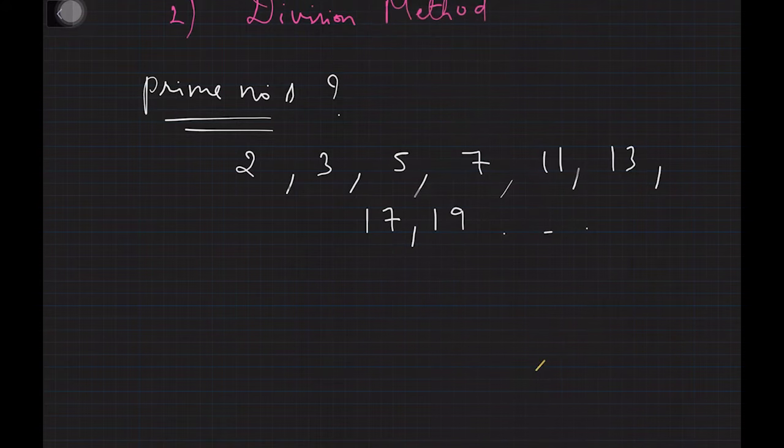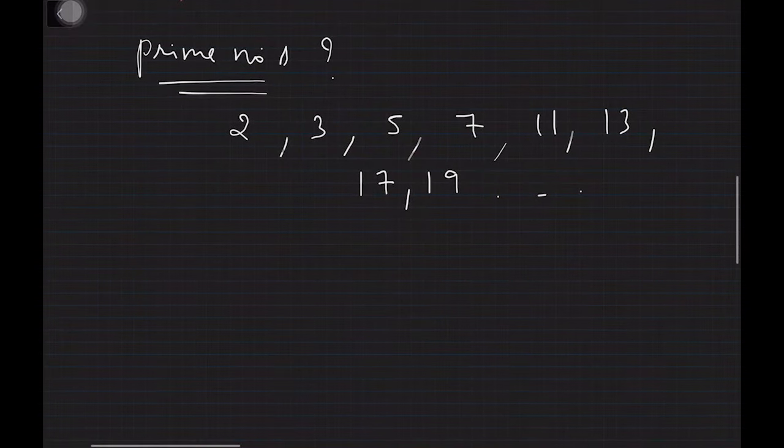So 2 is the least prime number. The next prime numbers are 3, 5, 7, 11, 13, 17, 19, and you can list the prime numbers like this. But while listing, you need to consider the numbers which have only two factors, the number itself and the number 1.